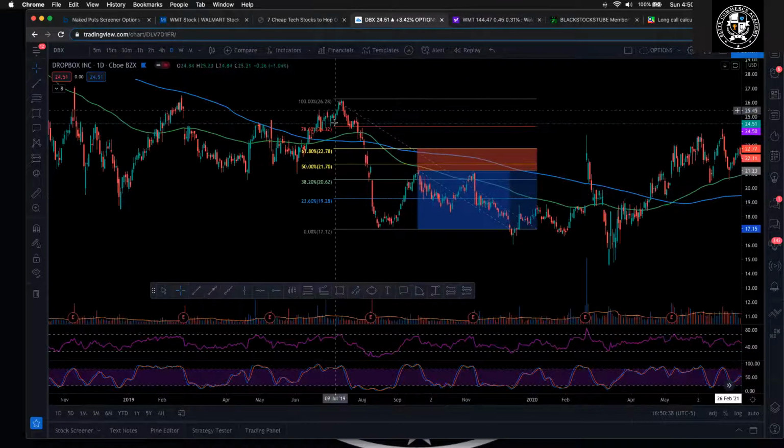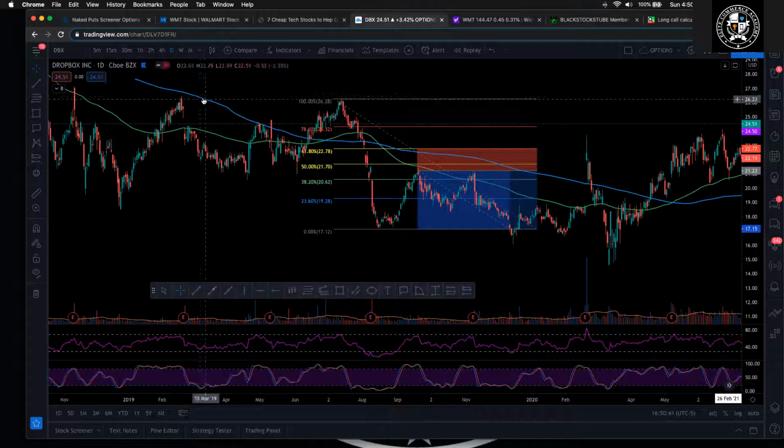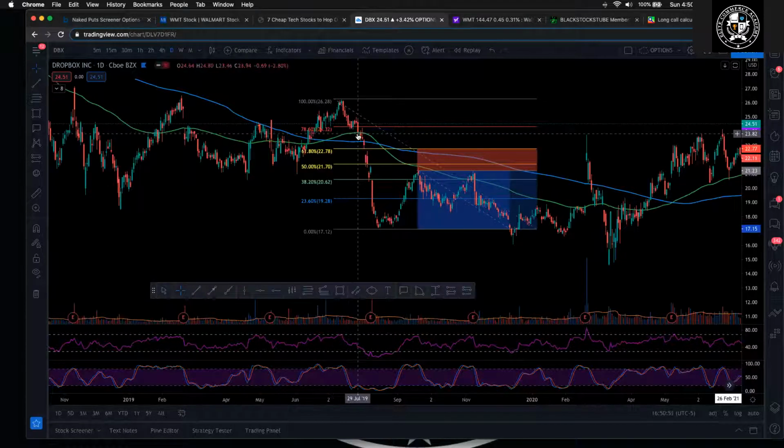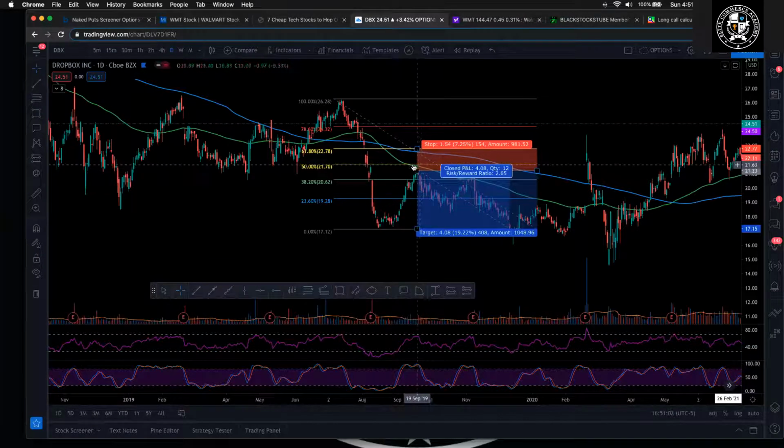That right there is probably the smoothest example that I could give you, because I have my 200 moving average and my 50 moving average. My 50 moving average crossed under my 200 into the seller's market, okay? I got my swing high and my swing low, price retraced, stopped at the 50% level, and it respected my moving average.